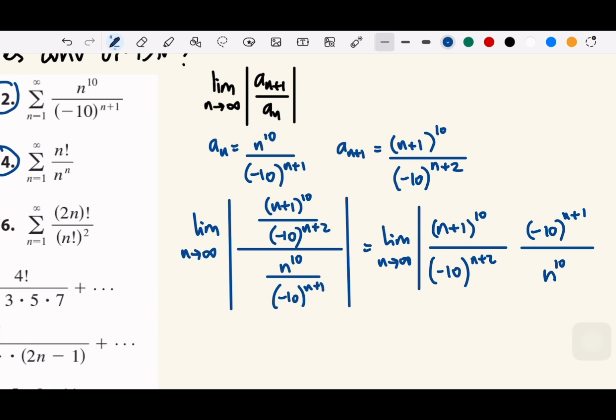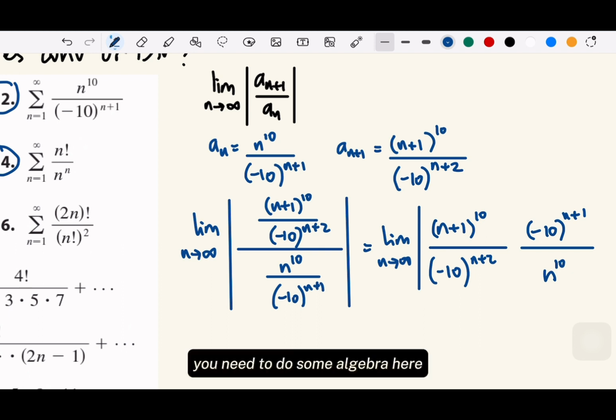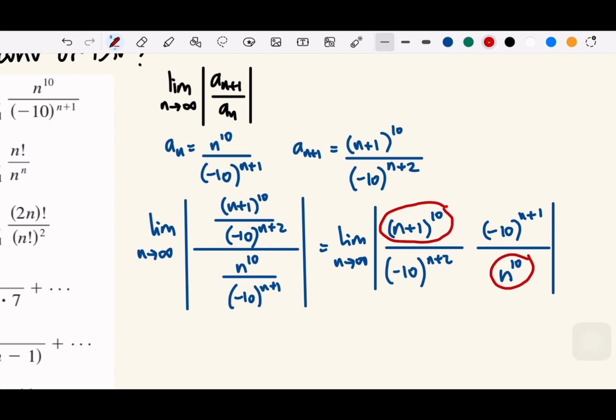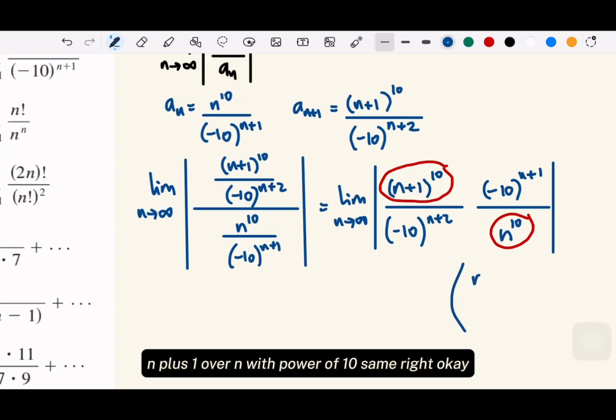Now you need to do some algebra here. You need to do some simplification, and I hope you can still do this simplification. So look here, this power 10, this and this, I can group that, right? I can write n plus 1 over n with power of 10.